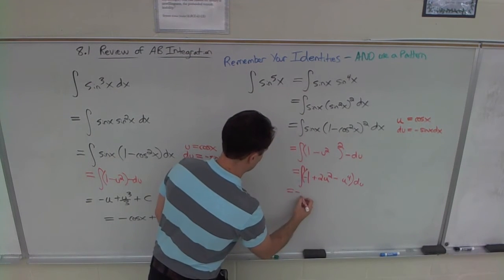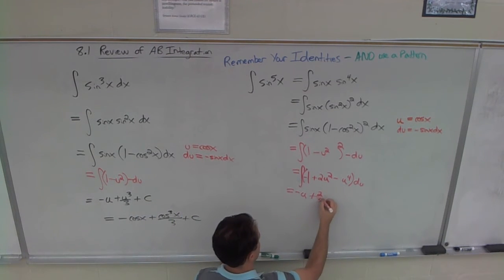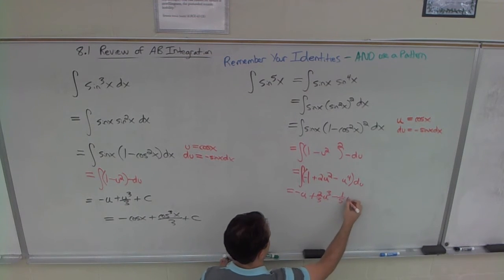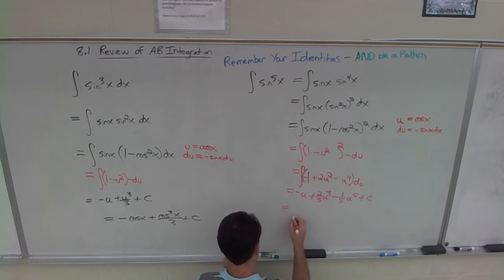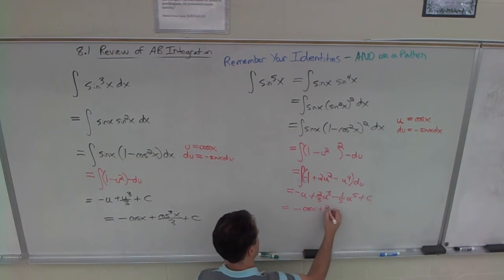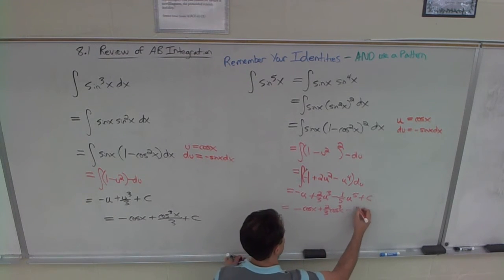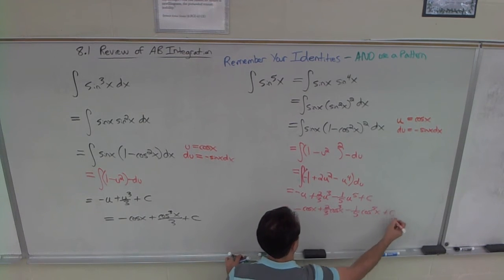Now that's going to be negative u plus 2/3 u cubed minus 1/5 u to the 5th plus c. So that is negative cosine plus 2/3 cosine cubed minus 1/5 cosine to the 5th of x plus c.